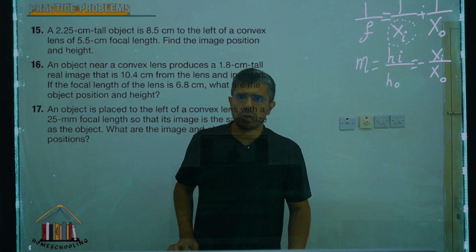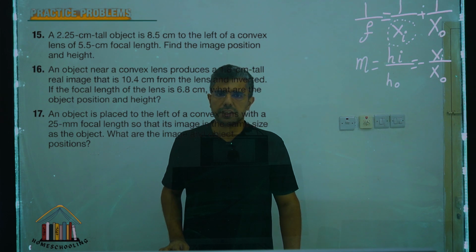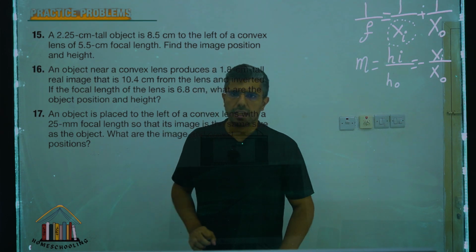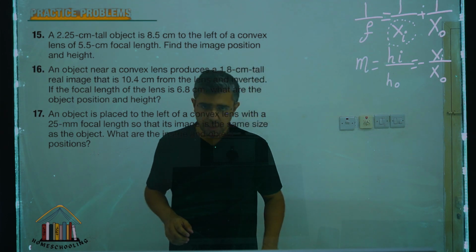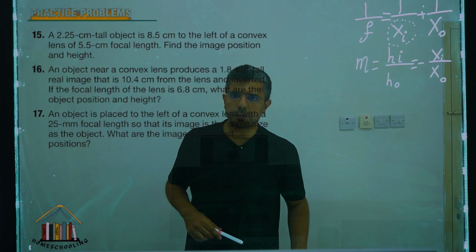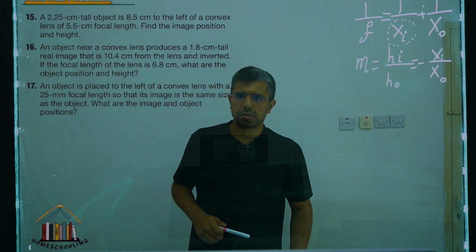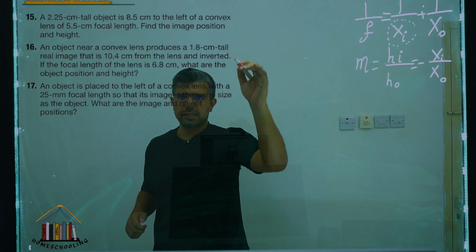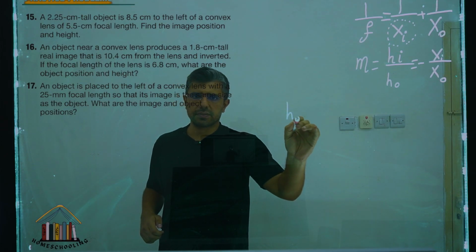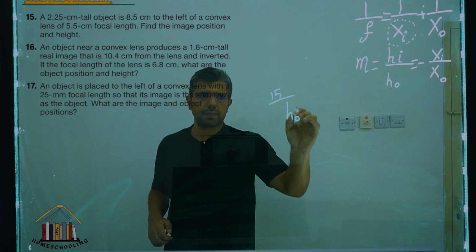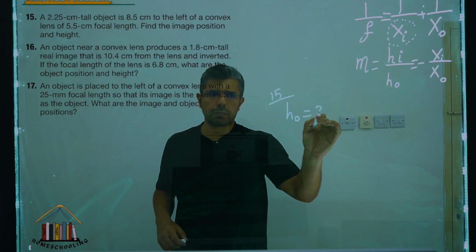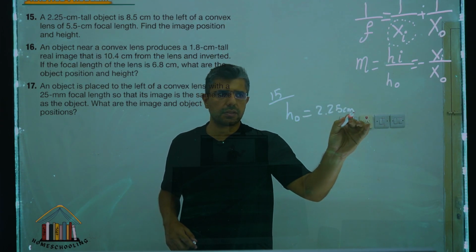Here, let's go with question 15. A 2.25 tall object. HO is given in this case, which is 2.25 centimeter.